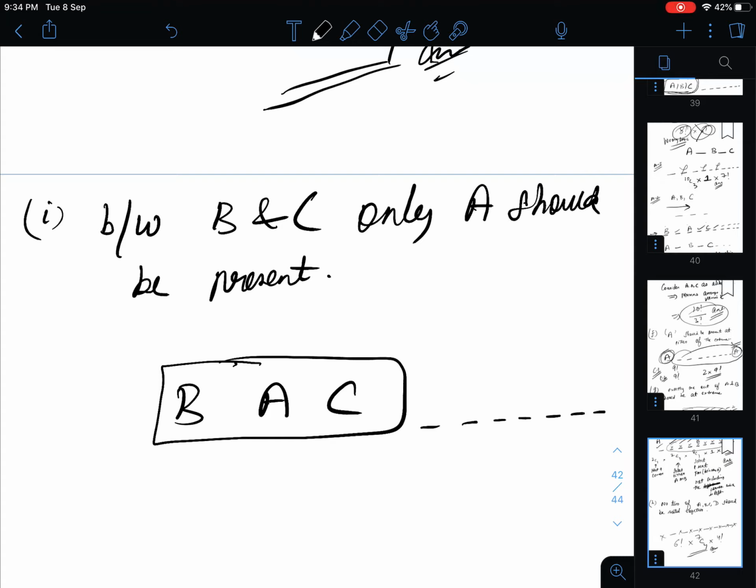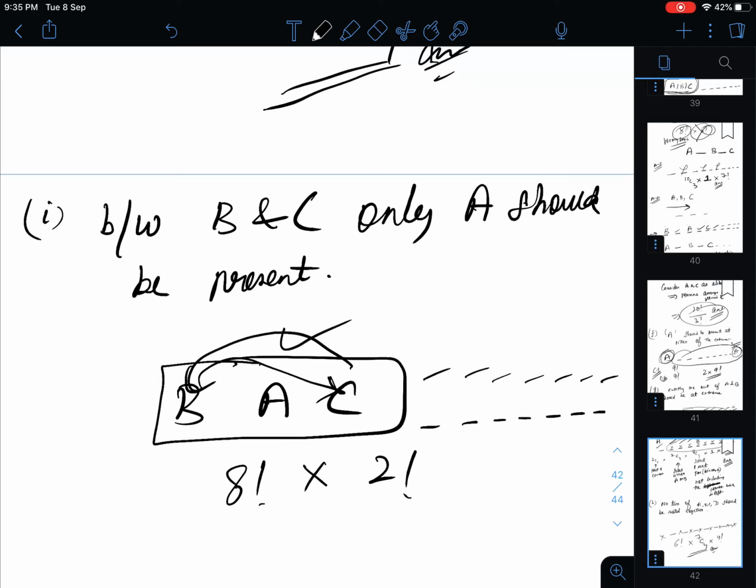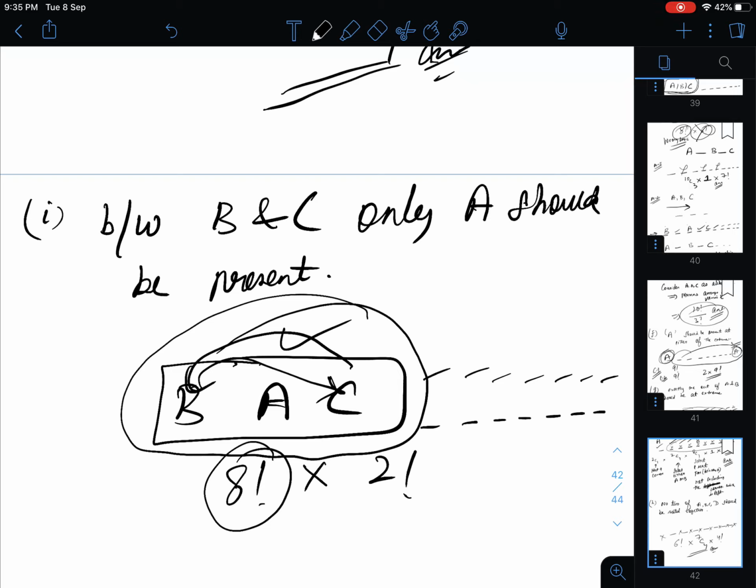Now these are 8 objects, 1 2 3 4 5 6 7 8. So 8 factorial arrangements of these into 2 factorial, because B can be here and C can be here, so intra permutation of B and C. A will remain fixed here. So 8 factorial is the total number of arrangements of 8 objects, where one object is this BAC as a unit, and the remaining 7 people. And 2 factorial is the intra permutation among B and C.